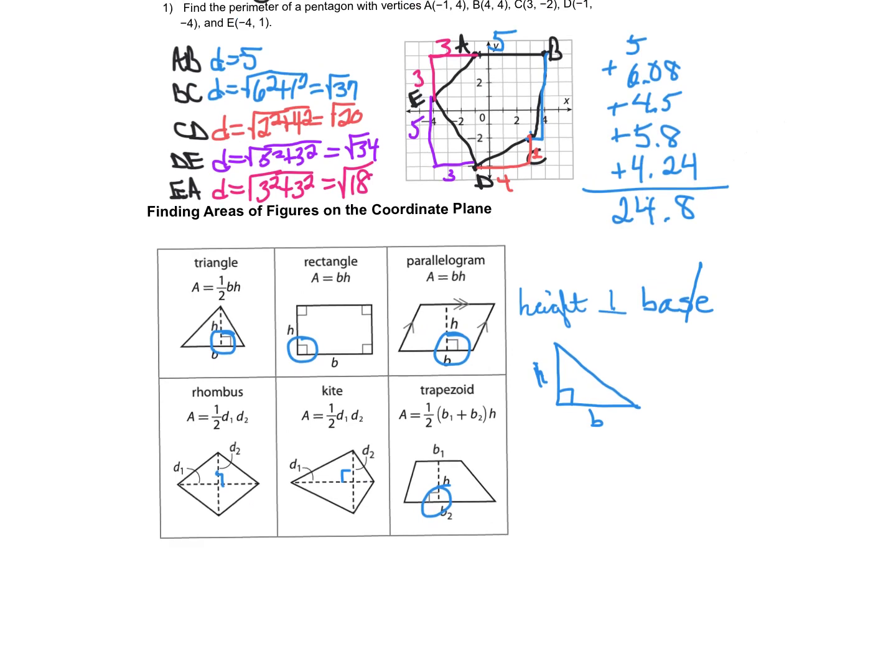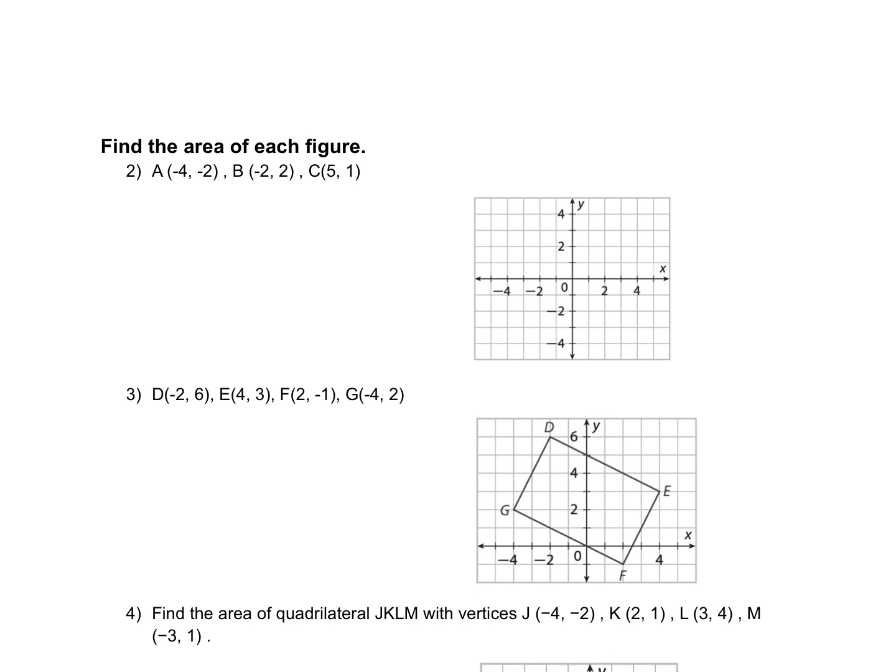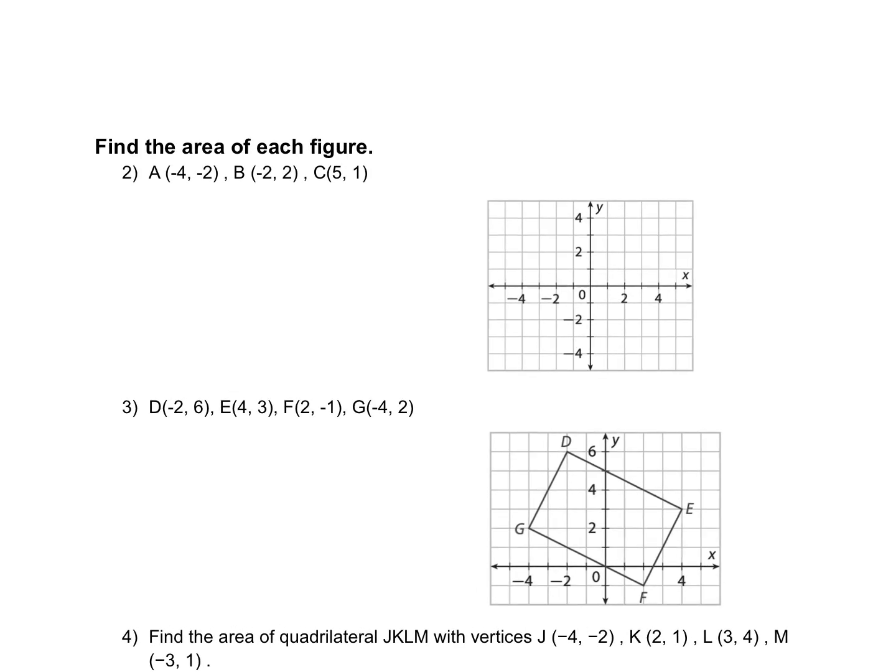All right, so next page. Find the area of each figure. So we have A at -4, -2. B is at -2, 2.